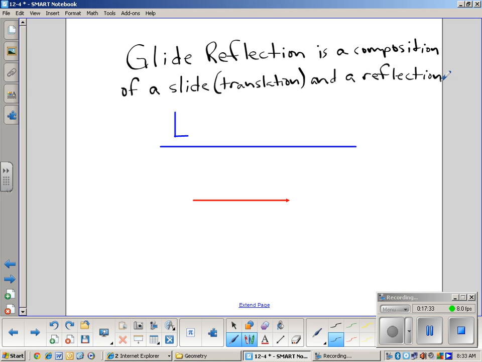Okay, and so if I want to perform a glide reflection, that's what I'm trying to say, then I have to translate this by this vector, okay?